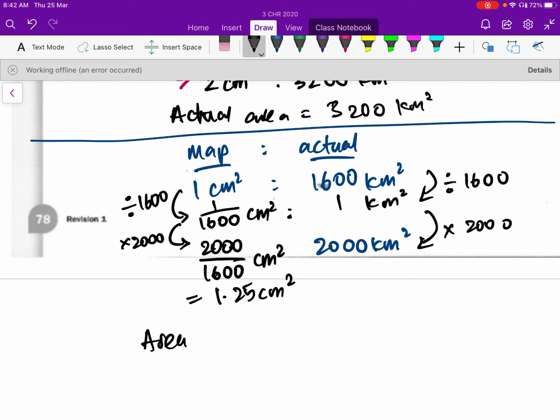Area on map, 1.25. 2,000 divided by 1,600, then what do you do? Then that number on the other side is times whatever you just got, right? Yes. 1 and 1/4.